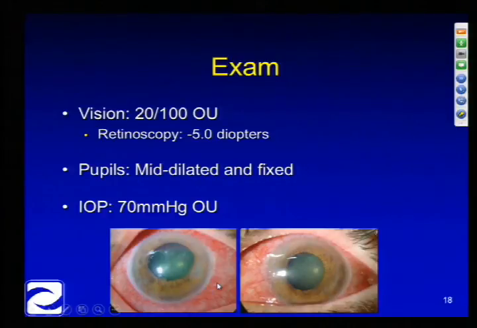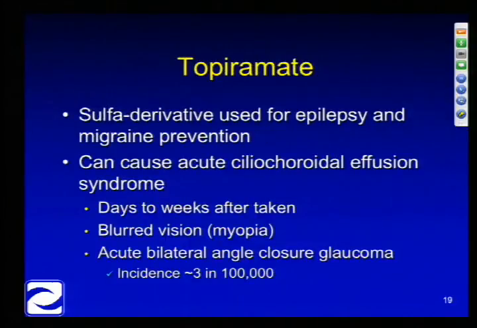So this looks like angle closure glaucoma. And you might think it's a typical case, but it was not. The key thing for him was that he was being treated with topiramate, which is a sulfa derivative used for treating epilepsy and migraine prevention.